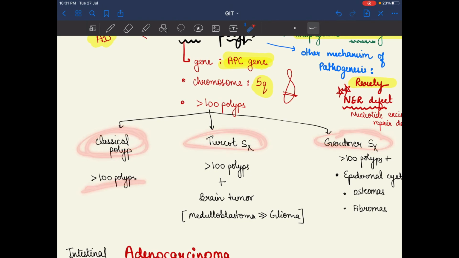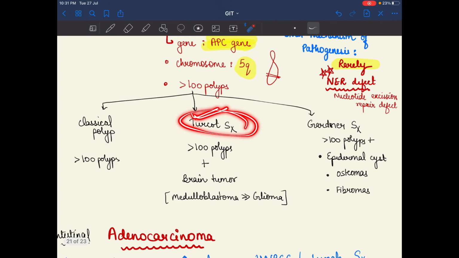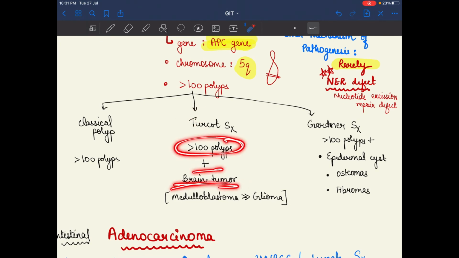In classical polyposis, only more than 100 polyps are seen. But in Turcot syndrome, as we see, Turcot like a brain, so more than 100 polyps plus brain tumor is seen. In this brain tumor, medulloblastoma is more common than glioma.